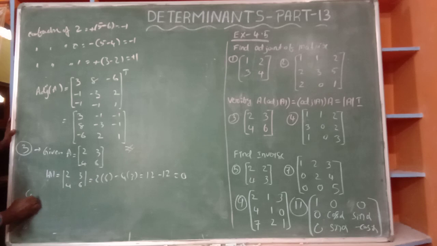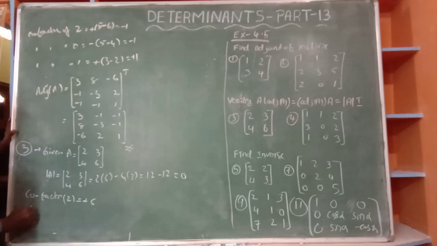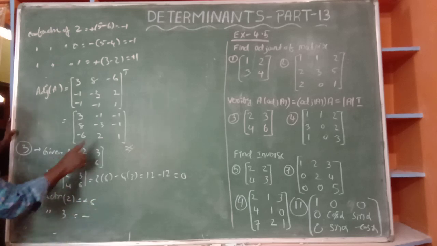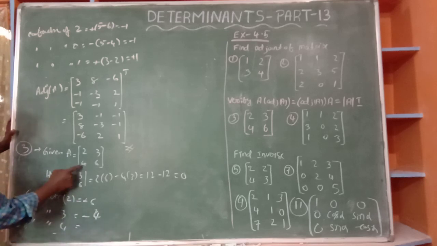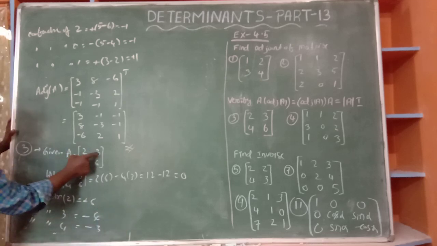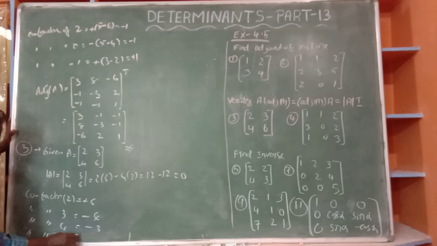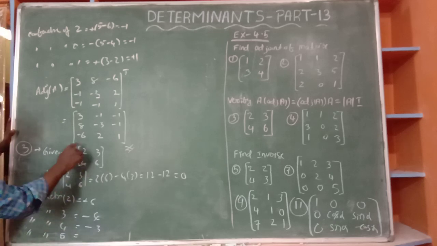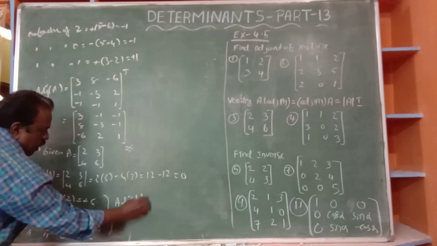Now, what is the cofactor of 2? Already we did a problem like this. For 2, it is plus 6. Cofactor of 3 is minus 4. And the cofactor of 4 is also minus 3. And one more thing, the cofactor of 6 is 2. So what is the adjoint of A for this?